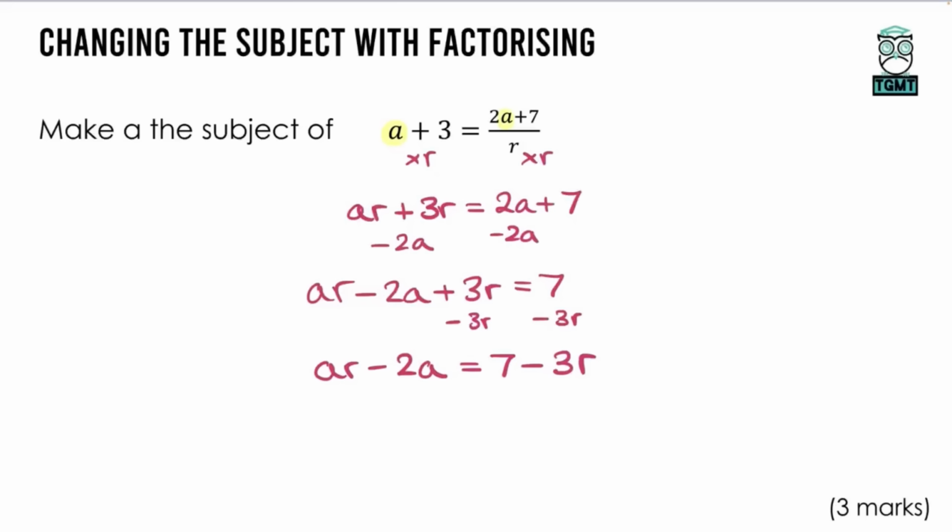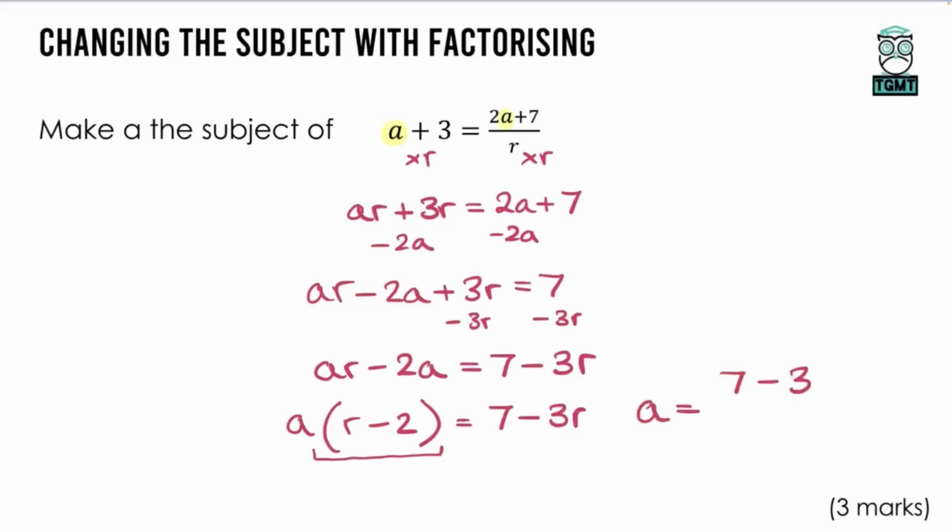Now at this point we can factorise the left. We can factorise the a out of the bracket, which will leave us with r minus 2 inside the bracket, and then we have that is equal to 7 minus 3r. At this point, the final step is to divide by this bracket. That's going to isolate the a and leave it as a equals, and then as we are dividing by that whole bracket, we need to create a fraction.